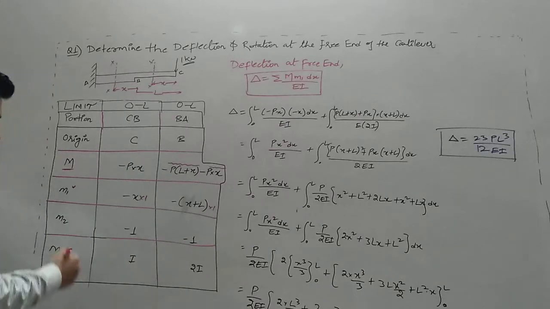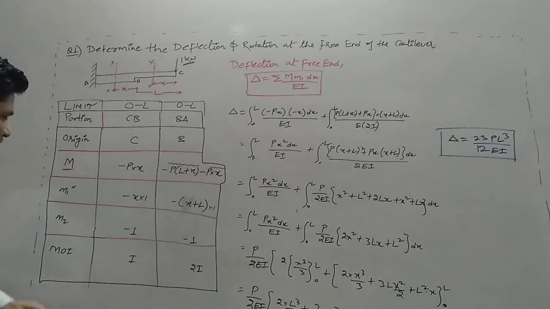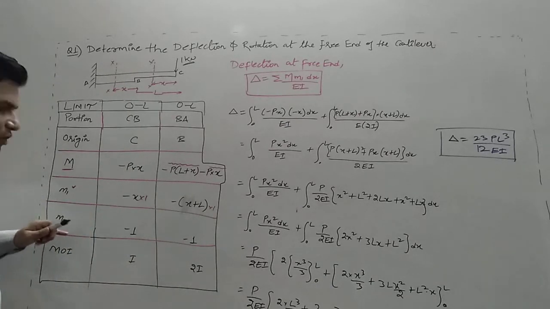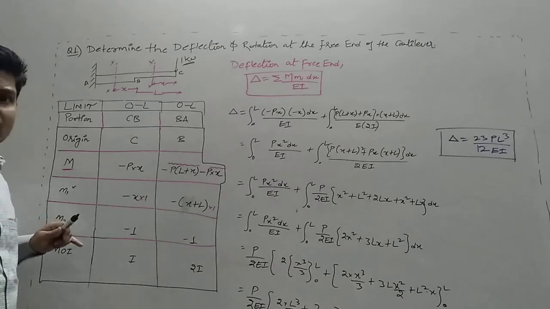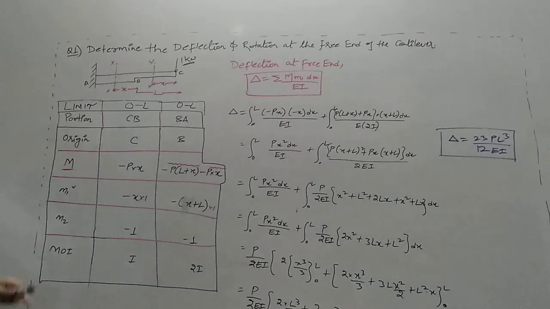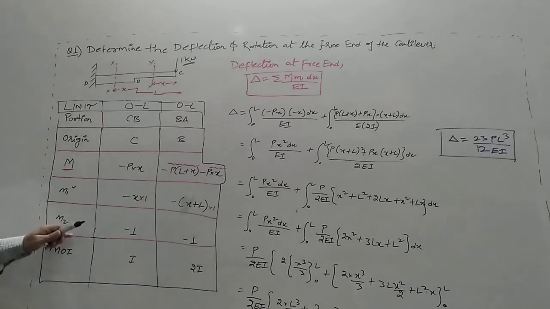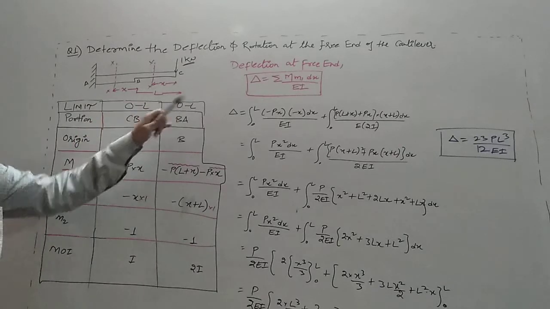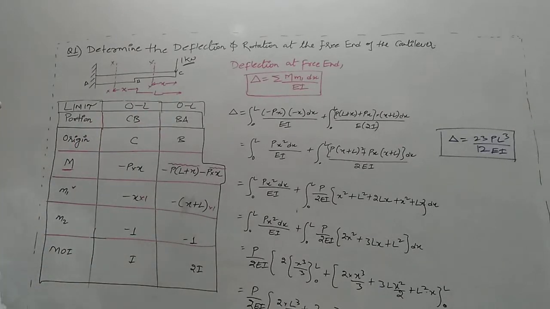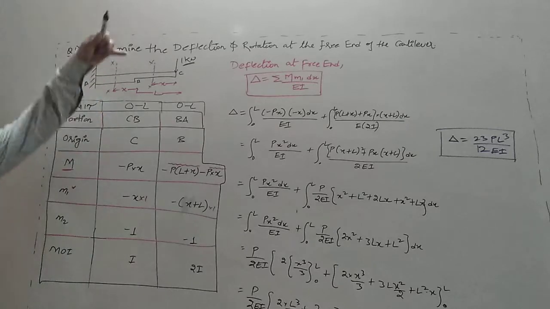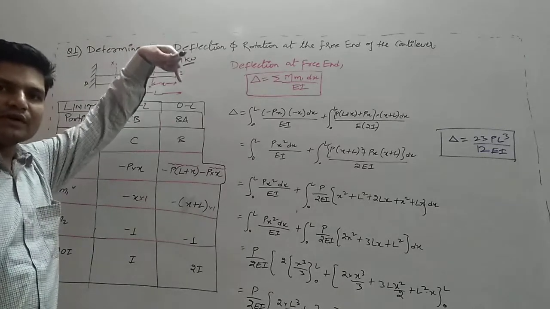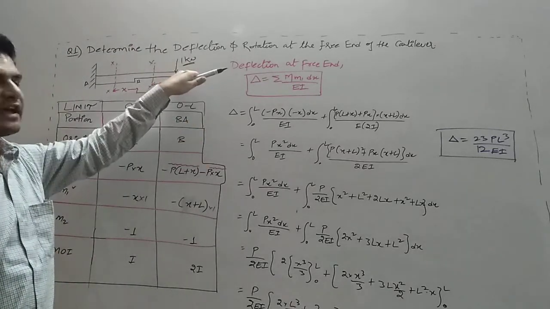Now we have to write the bending moment value for M2, or for the rotation part. For rotation you require M2, and we express it for the portion CB and for the portion BA. For M1 we apply a vertical load of 1 kilonewton at the point where deflection is required.